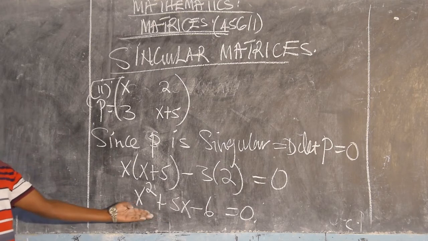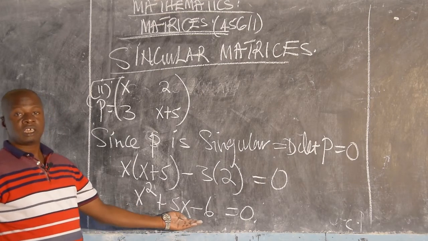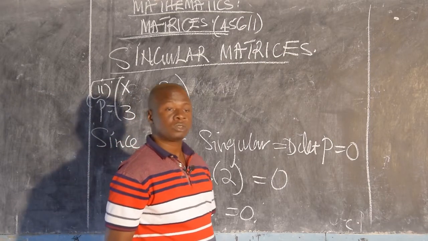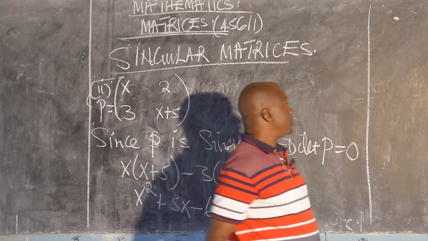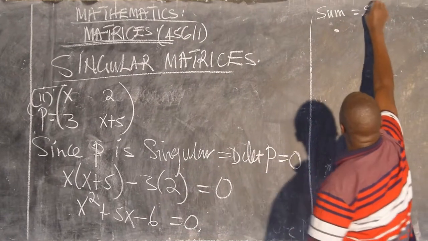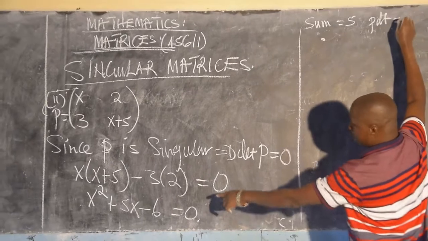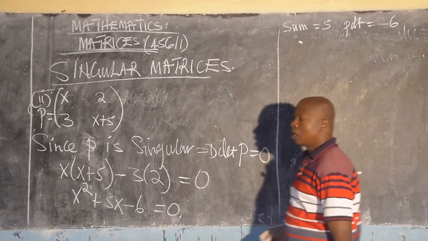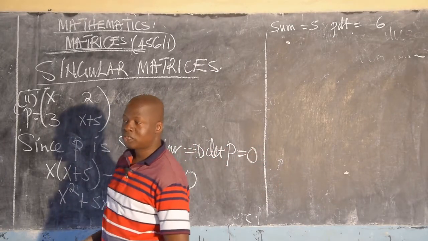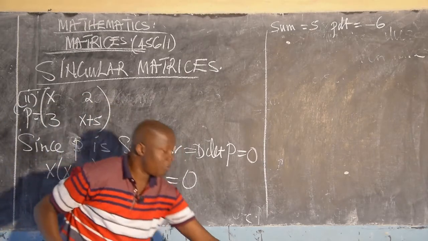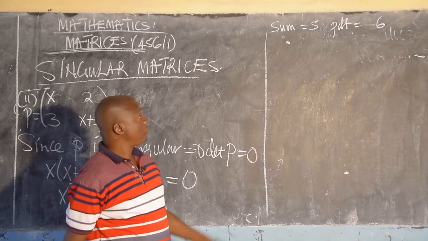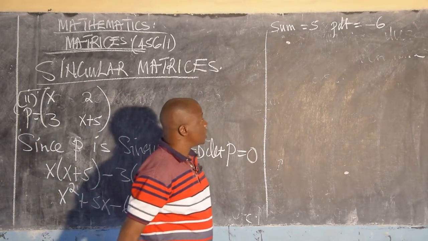When you look at this expression, this is a quadratic equation of which we are supposed to identify the sum and the product. So for that case, our sum is 5 and our product is negative 6. Get the two numbers such that when you add, they will give us a sum of 5, and when you multiply, they will give us a product of negative 6.